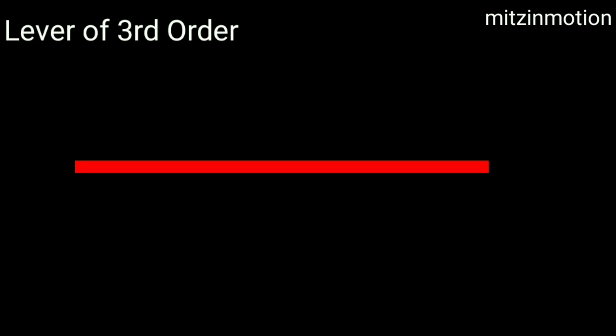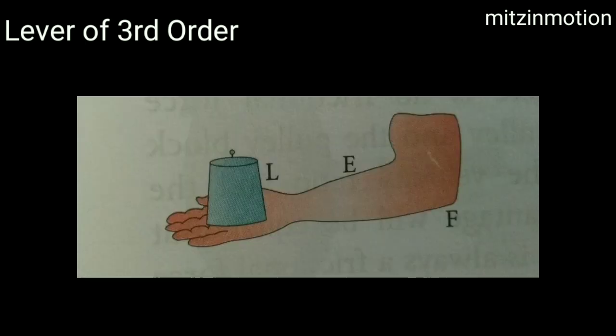Now let's discuss third order lever. In third order lever, the effort is situated in between fulcrum and load. Now what are the examples of third order lever? When you are lifting a load, then your arm becomes an example of third order lever.